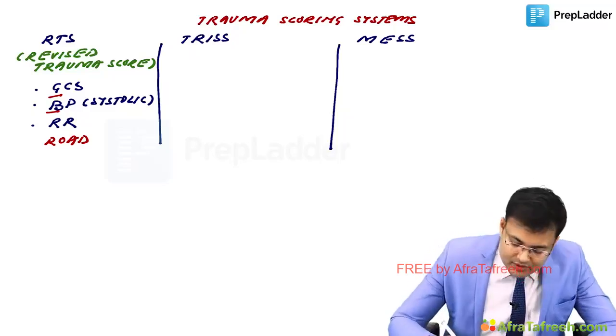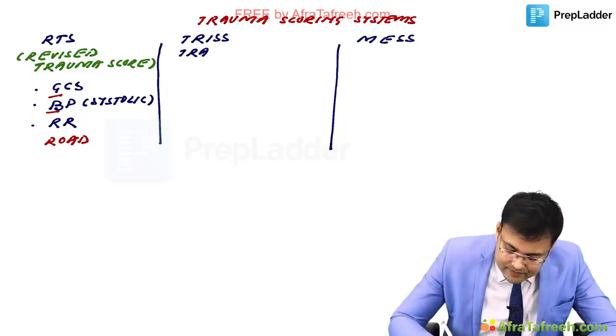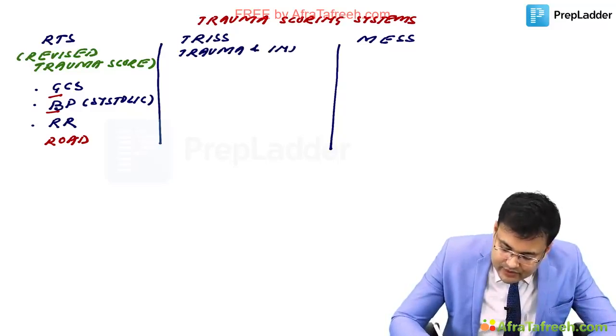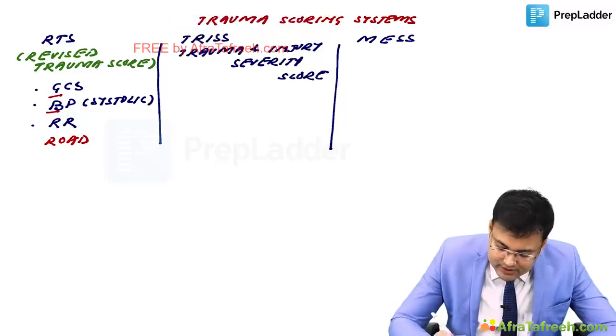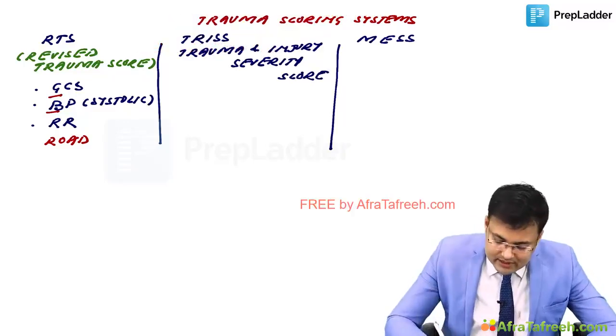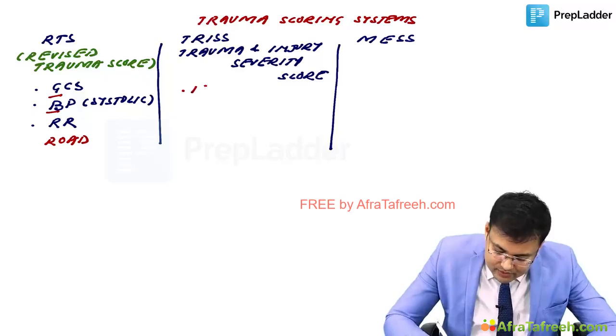TRISS, the full form is trauma and injury severity score. Clear? What are the components? First component is injury severity score, and the mnemonic is RAM.